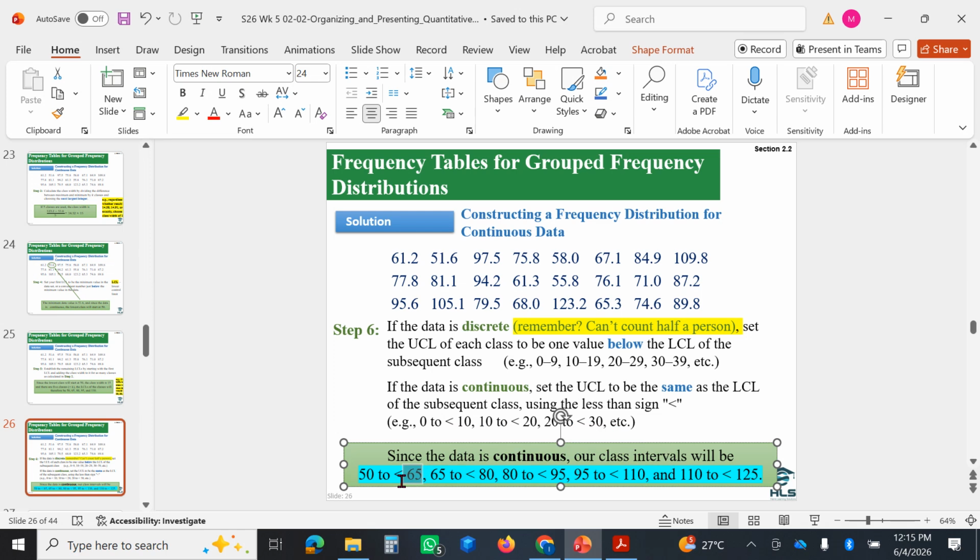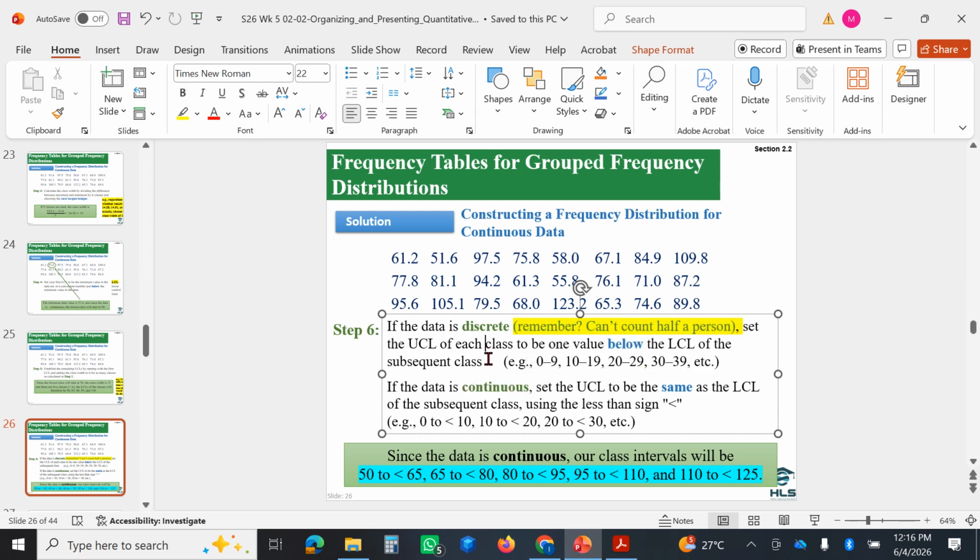So 64.999999999 is in this group. 65 and above is in this group all the way up to 79.9999999. And this group here has 80 to 94.999, 95 to 109.999, and 110 to 124.999. That's what we're talking about. Okay, so that's for continuous.